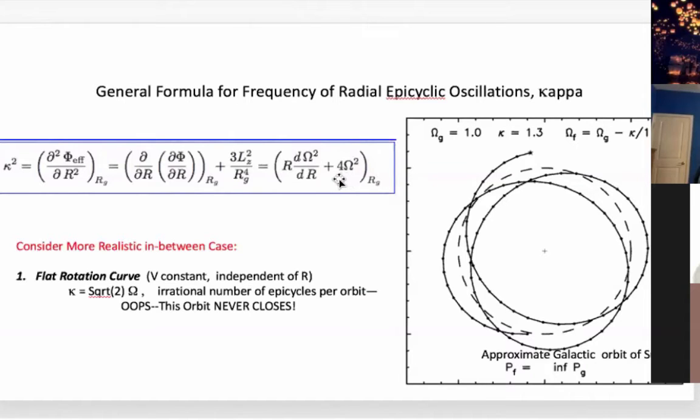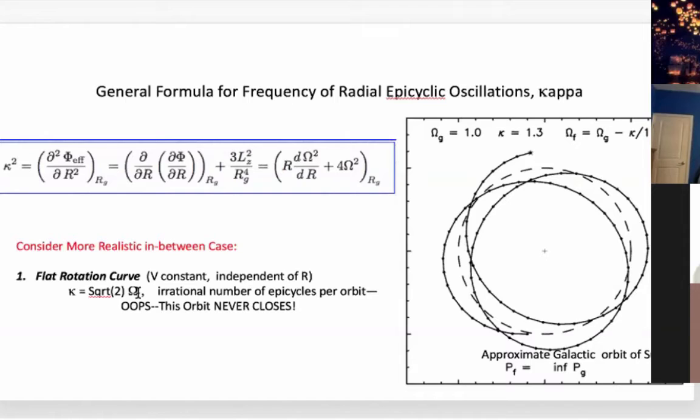Everybody can take the square root of that. Oops. Not really, because the square root of 2 omega squared is omega times the square root of 2, an irrational number. In one trip around, in a realistic flat rotation curve, the sun or the epicycle object will have completed an irrational number, more than one epicycle, less than 2.